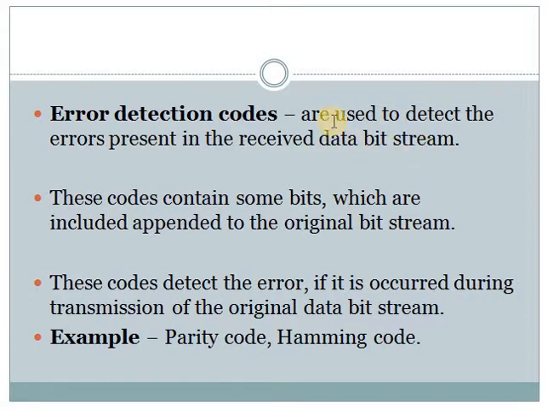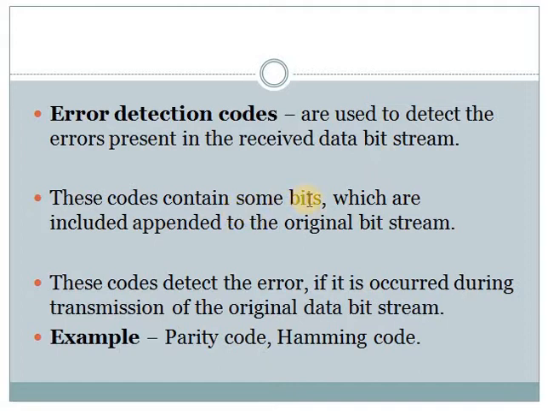From the source we are sending data, and in the destination we are receiving the data. For example, if you are sending 8-bit data, an error may occur, that is, 0 may be changed to 1 or 1 may be changed to 0. That error may be detected by using the error detection code.